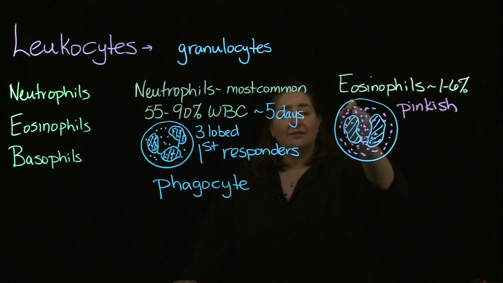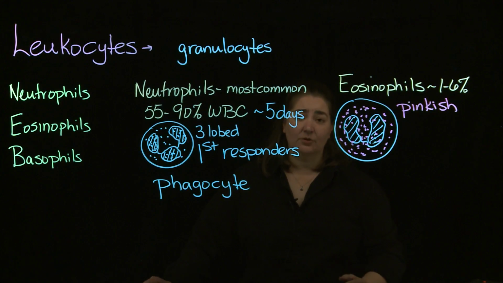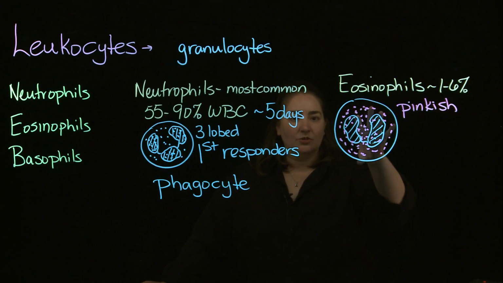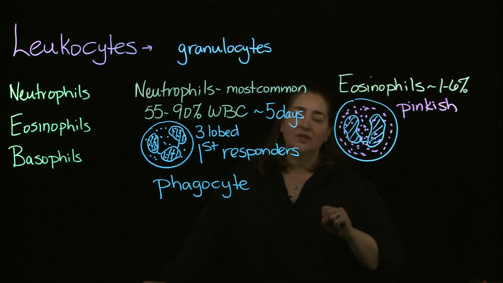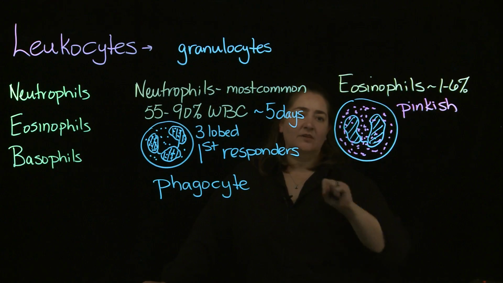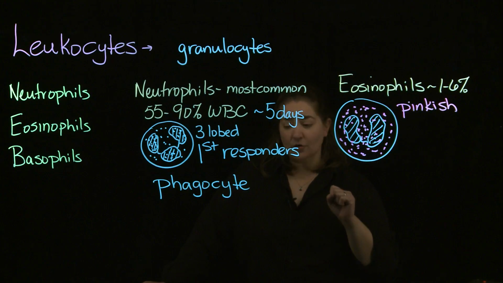In real life, the eosinophils aren't really pink as they're circulating through your body, but the stains that are used to distinguish the nucleus and the granules within the white blood cell do stain pink. So eosinophils will look either pinkish or reddish underneath a microscope.